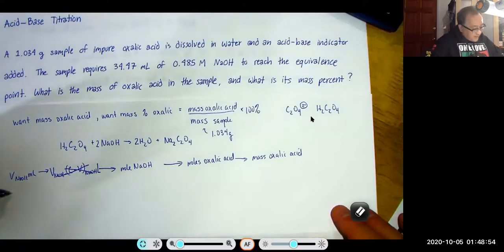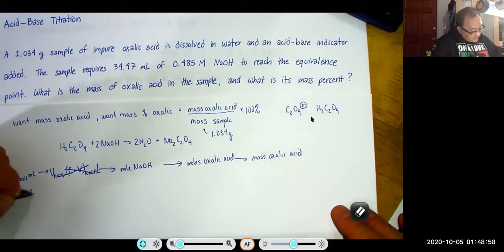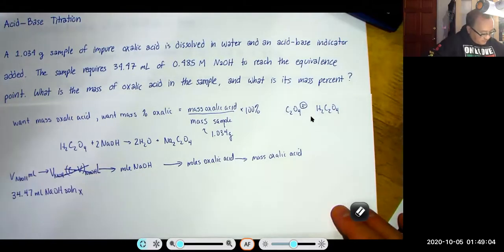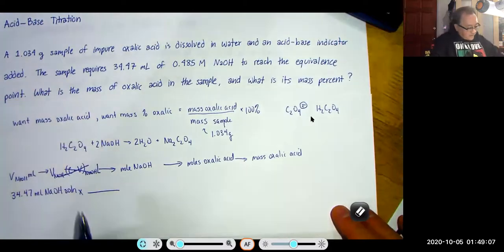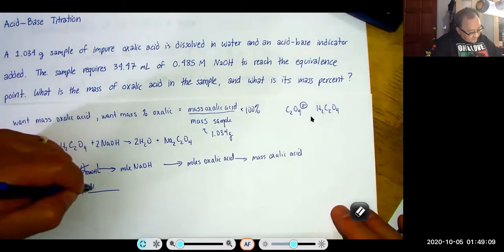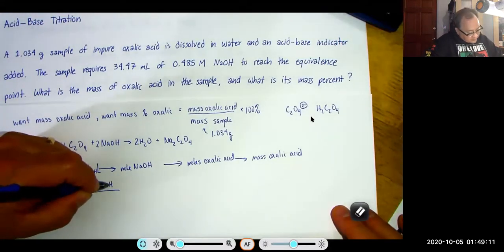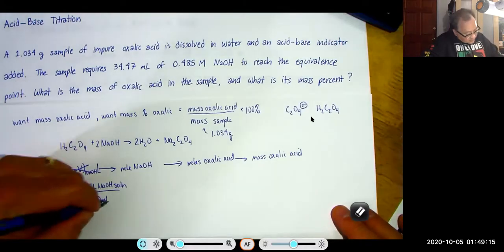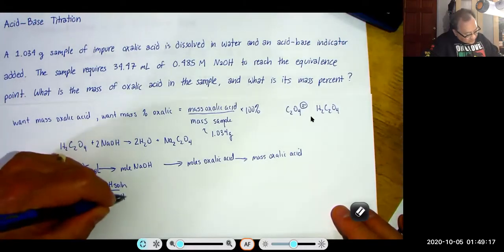So we have 34.47 milliliters of sodium hydroxide solution times 1 liter of sodium hydroxide solution per 1,000 milliliters of sodium hydroxide solution.